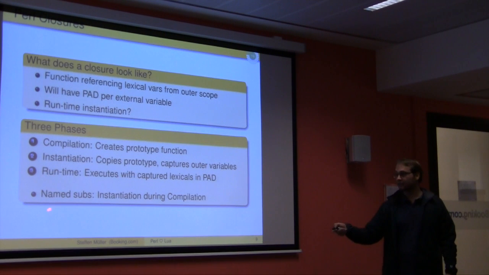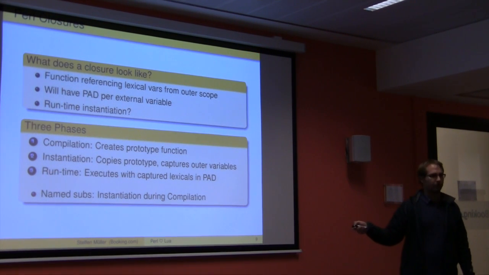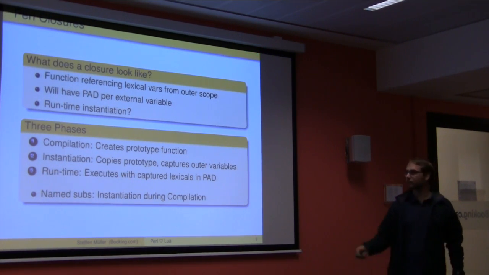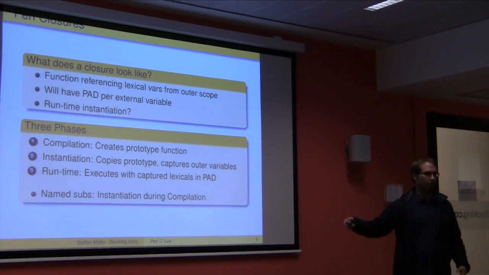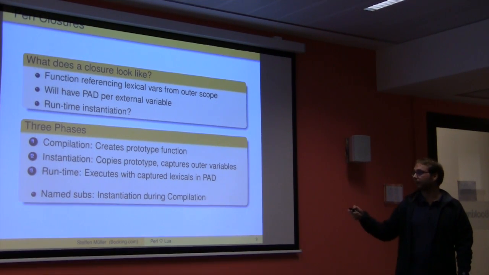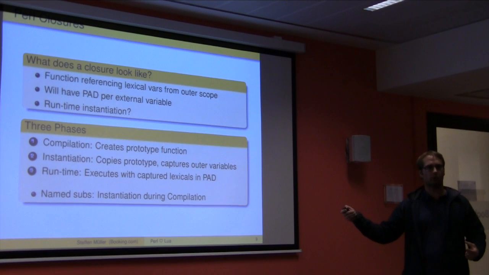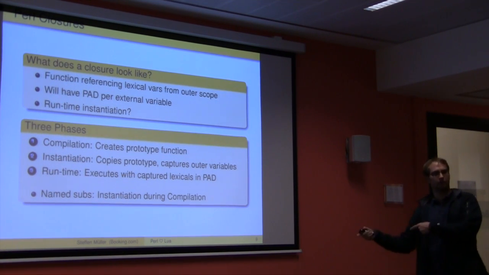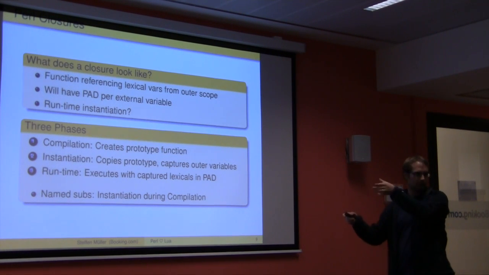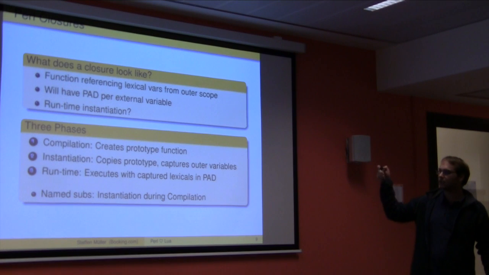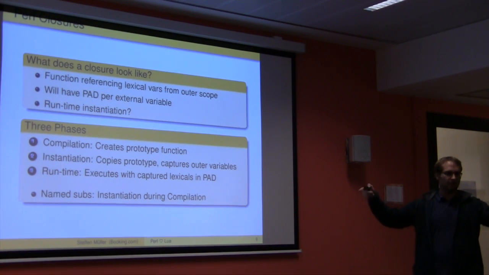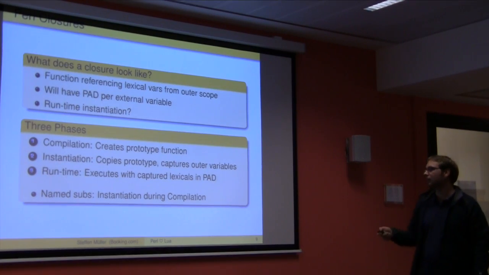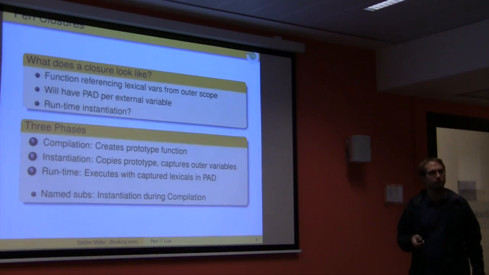Now, the thing is, you don't run into this if you only have named subs. For named functions, compilation and instantiation is all the same thing, right? Whereas for anonymous functions, whenever you create a new copy of that same anonymous function, it's going to copy the actual optree, well, the pointer to it, and instantiate the copy of the pad and instantiate all of those SV pointers. But wait, hold on.